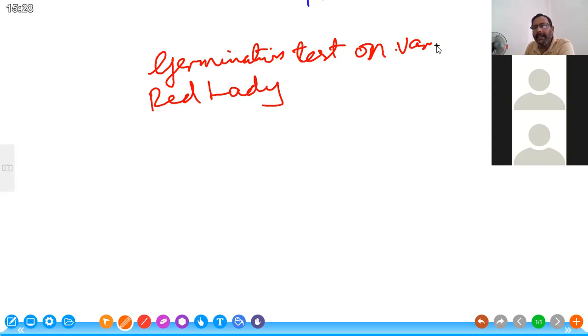What is the auxin in the market? What is the trade name? Anyone? I'm asking some difficult questions in agriculture, right? Agriculture department people, are you there?